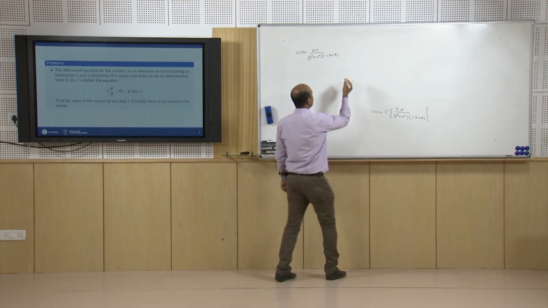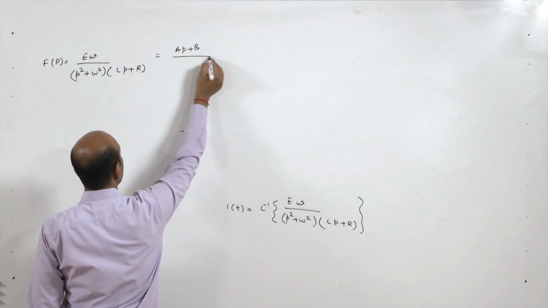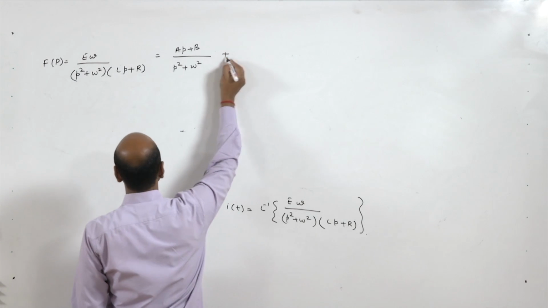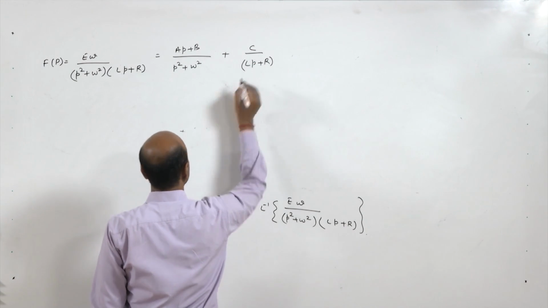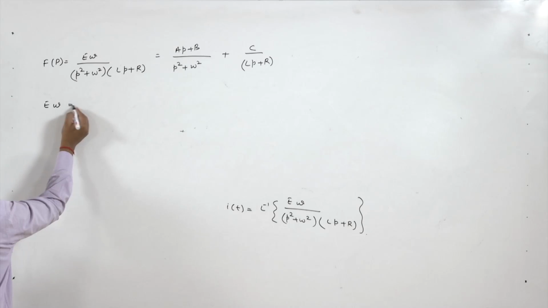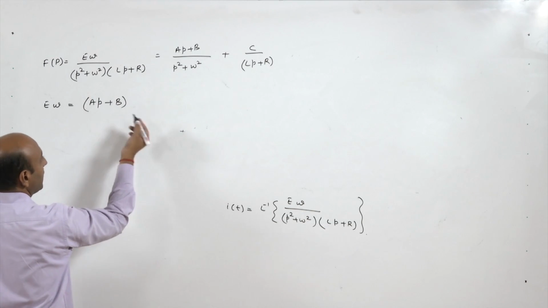We can make partial fractions: (Ap plus B) upon (p square plus omega square) plus C upon (Lp plus R). So, E omega will be nothing but the numerator with Ap plus B, and we can find out A, B and C.